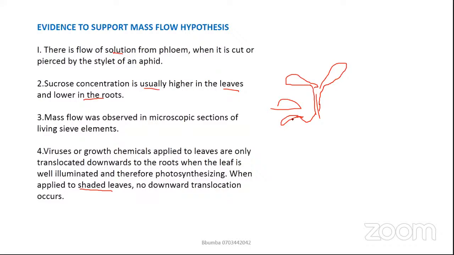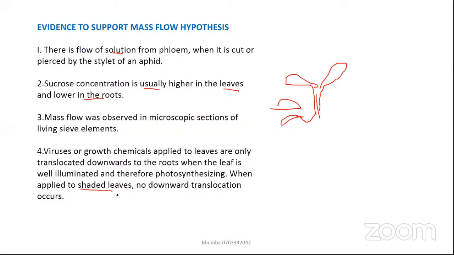So once chemicals or viruses are applied to these shaded leaves, they will not be translocated down. But when the leaf is illuminated, that is, carrying out photosynthesis, the translocation is going to move down to the roots.